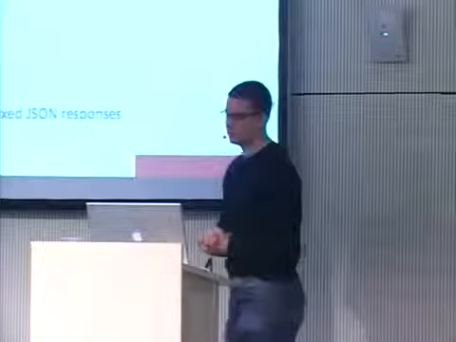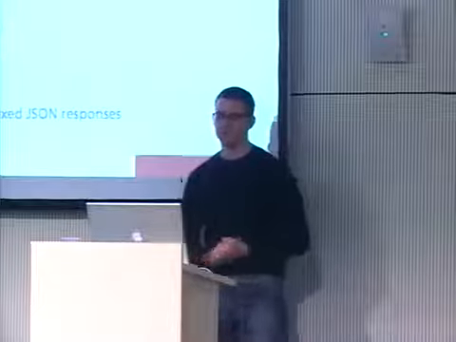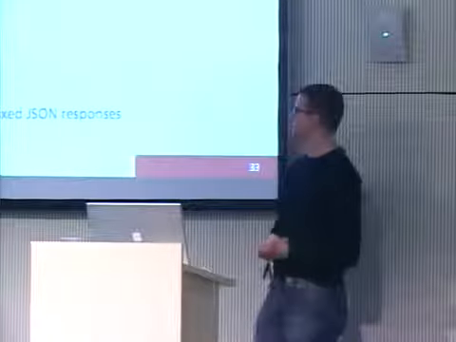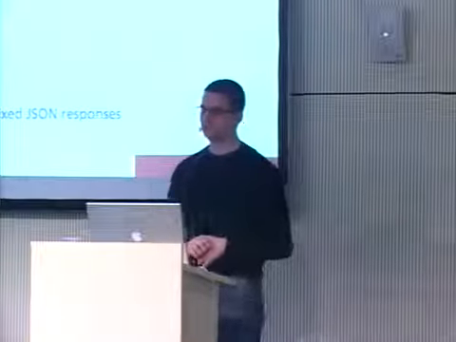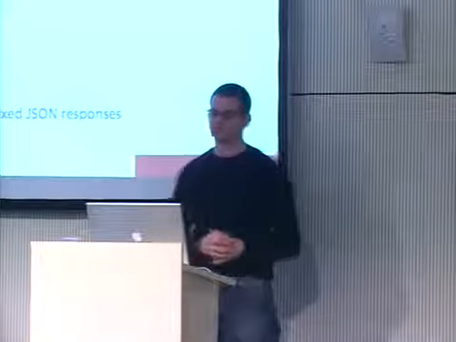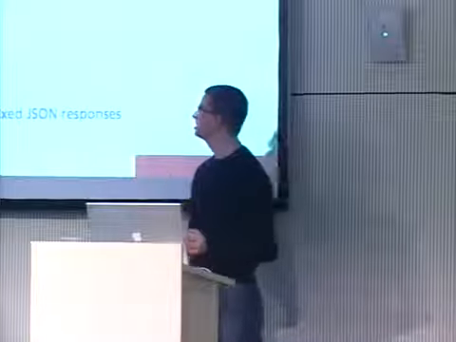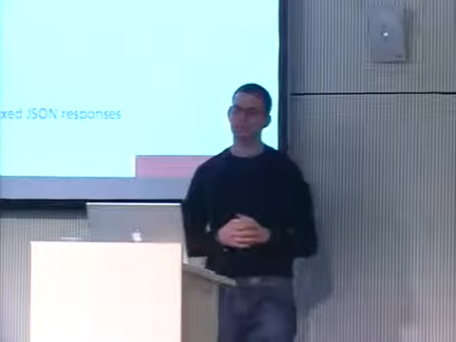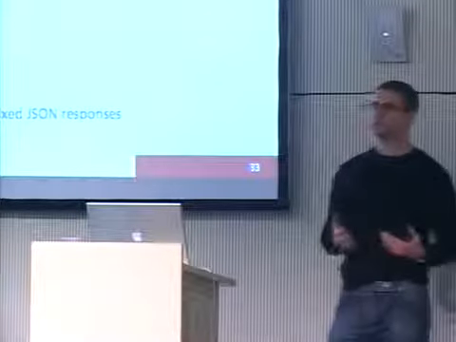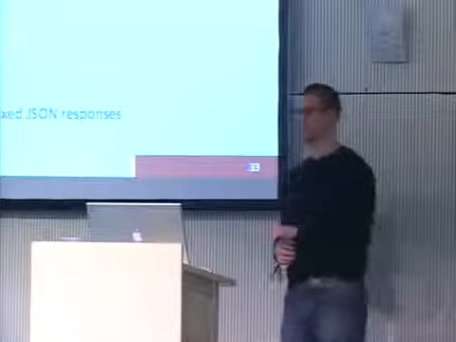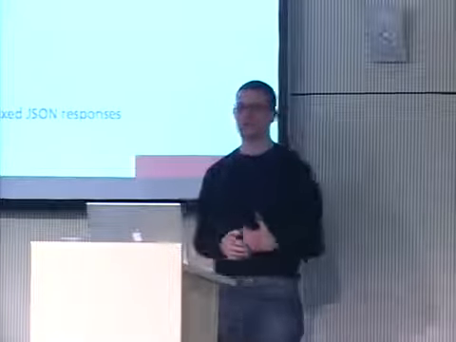I think that DWR, a Java Ajax library, is doing this by default. I think there is also a patch in the Rails trac to address these kinds of problems, but Rails 2.0 is basically vulnerable to those kinds of attacks. So if you want to really protect from them, you have to prefix all JSON responses with garbage and then filter this on the client side.